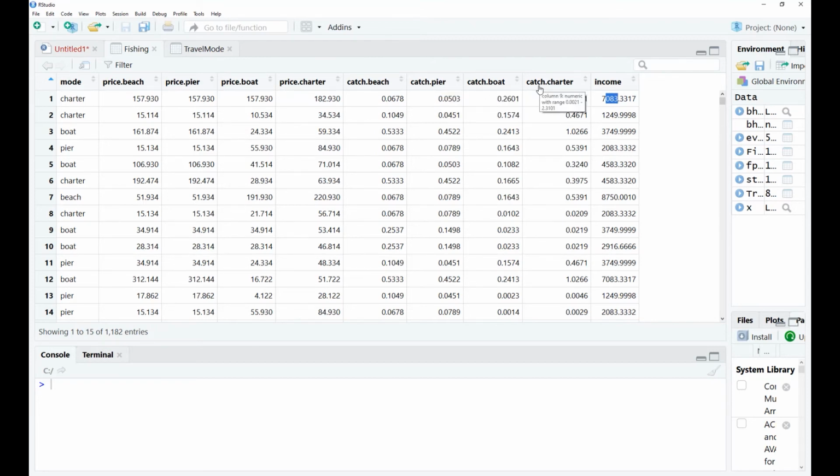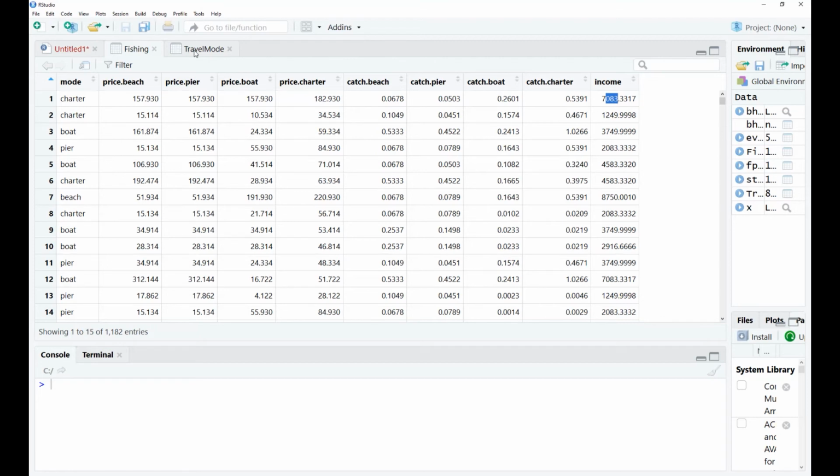Okay, now the reason why you have to set up the headers of the data in such a way is that R can identify which variables are alternative specific, which is the price and the catch, and this matches the mode, and which ones are individual specific, which is the income in this case.